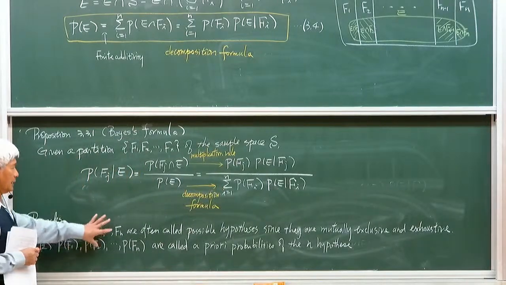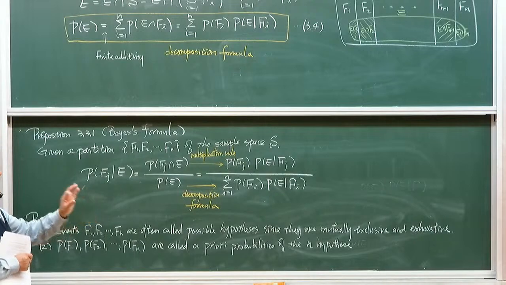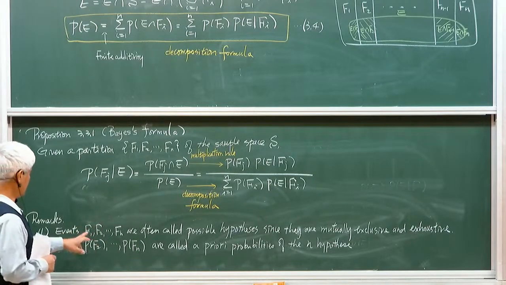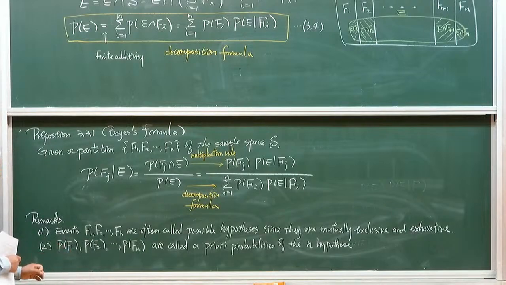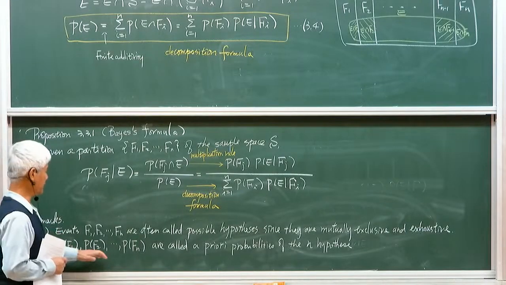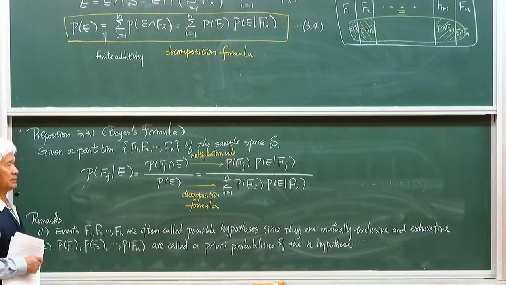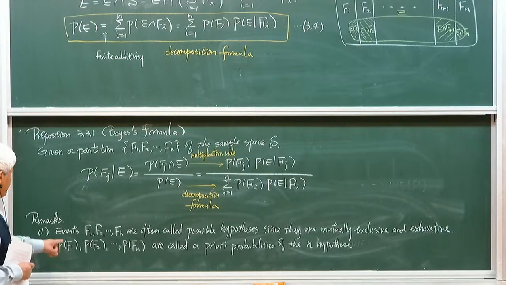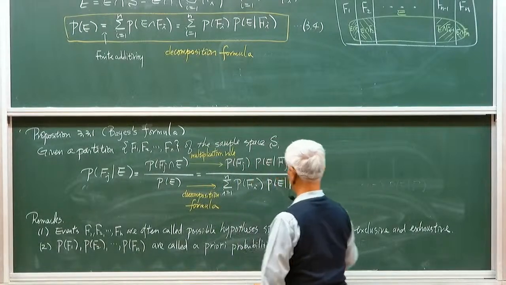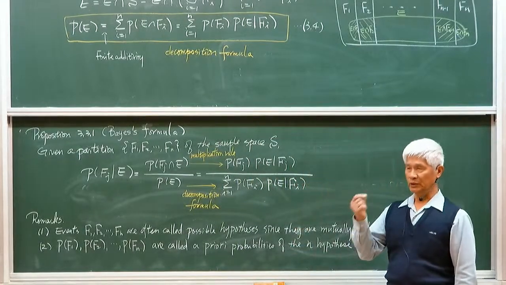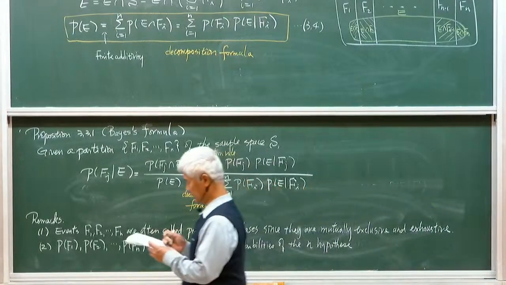Just based on, for example, the background or the history of each suspect, the police department will assign probabilities for an individual suspect to commit the crime. That is what we call a prior probability, before we use any evidence.